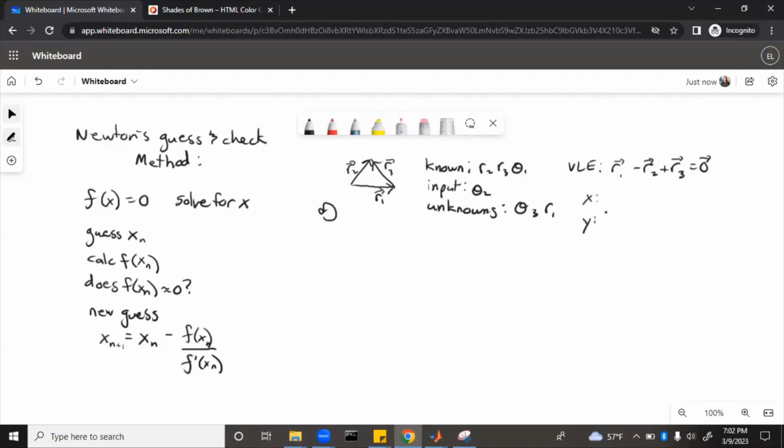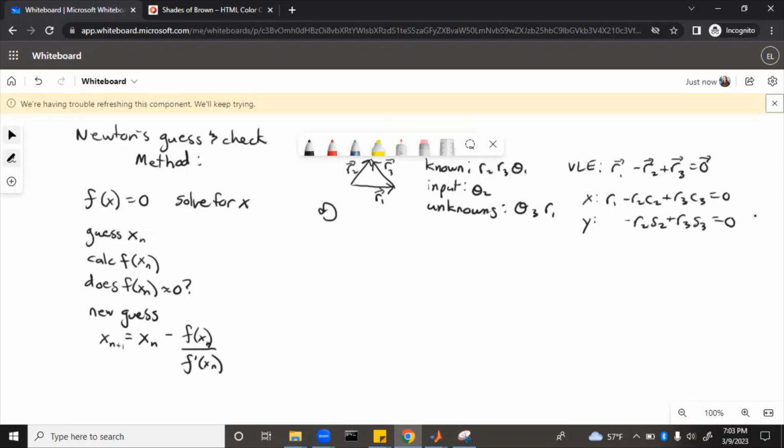Our X equation is R1 minus R2 C2 plus R3 C3 equals 0. And our Y equation is negative R2 S2 plus R3 S3 equals 0.